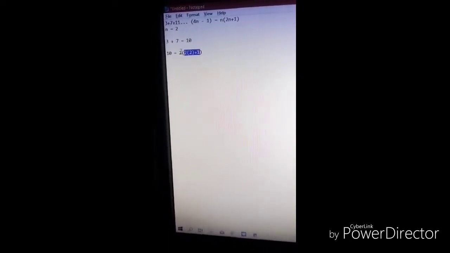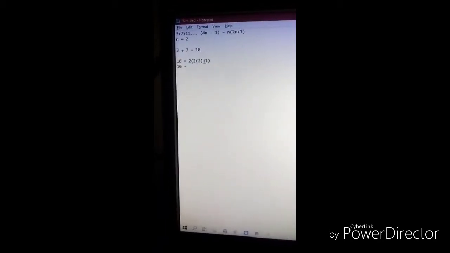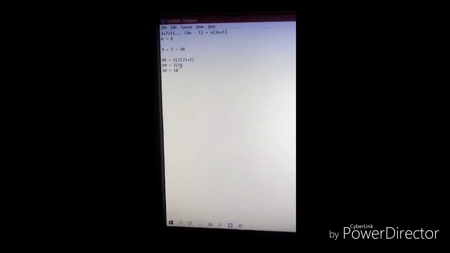Then we'll solve it and see if it is equal to 10. We'll start with this. 2 multiplied by 2 will be 4 plus 1. Then we'll have 5. We'll have 2 multiplied by 5. Then we'll have 10. It's equal. Can you see?